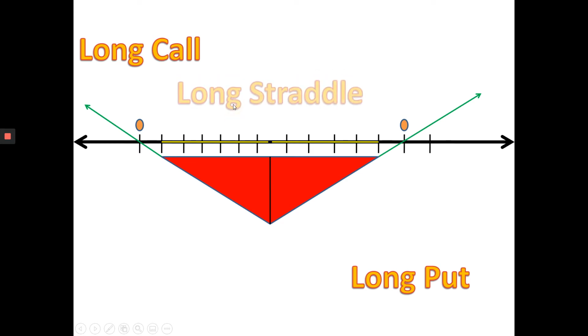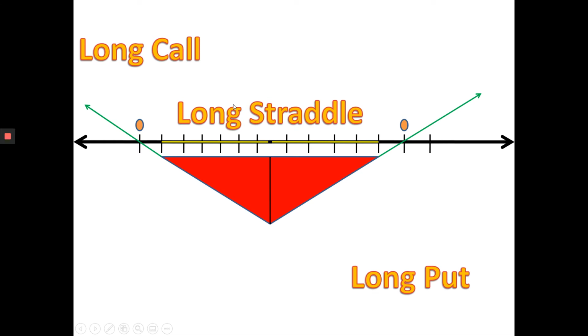If volatility is very high, then instead of a long straddle, we'll use a strangle, where the strikes are closer to the underlying. Options are American, European and Bermuda, and in India we have American options. So that's that.